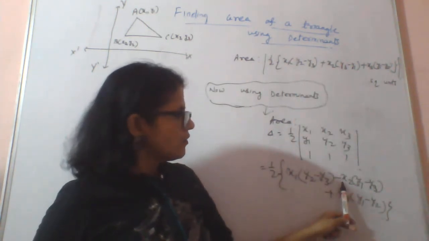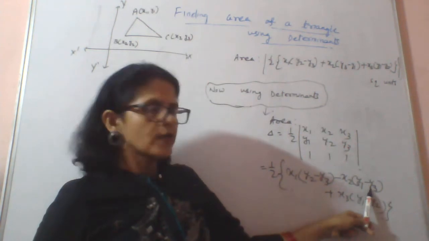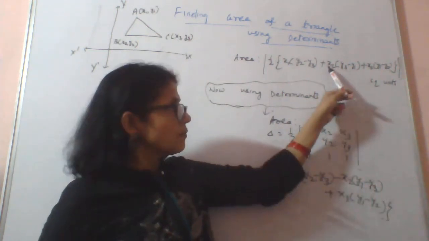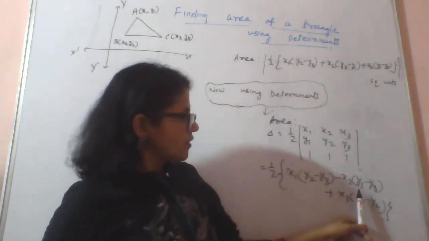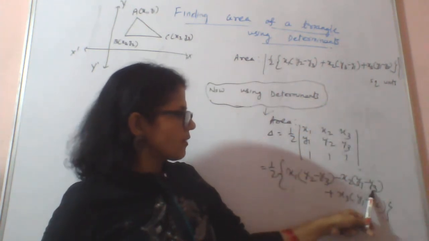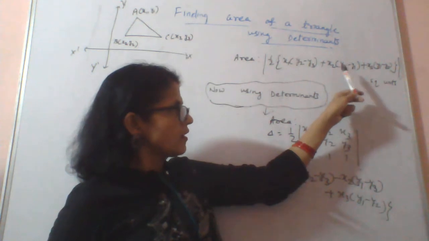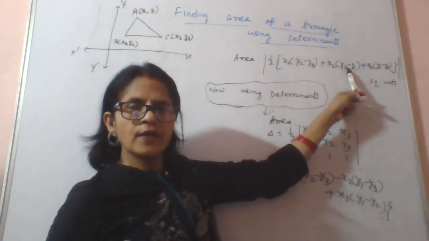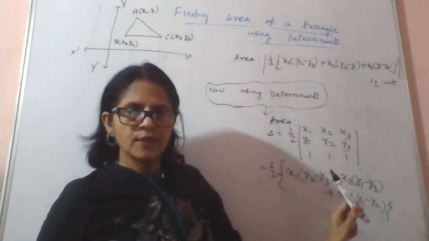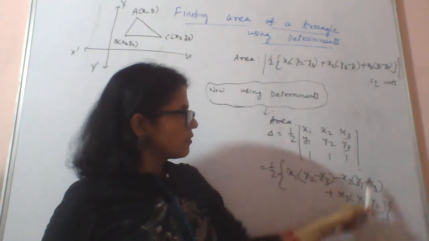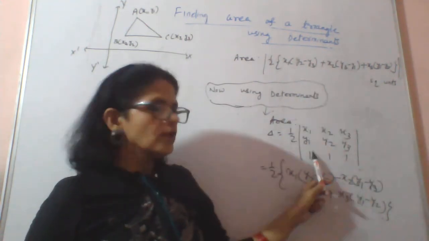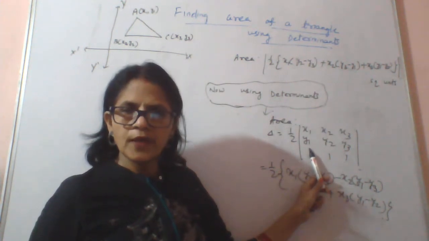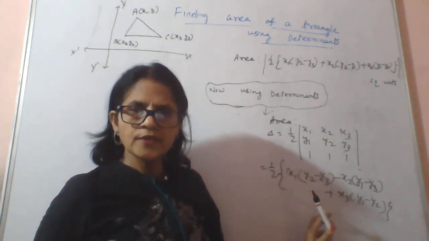Here it is minus x2 into (y1 minus y3), there plus x2 into (y3 minus y1). As you know, minus of (y1 minus y3) is the same as (y3 minus y1), so we have the same result. And the third term is the same. So in both cases we are getting the same result.